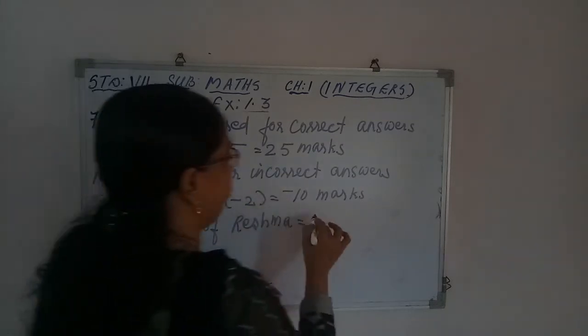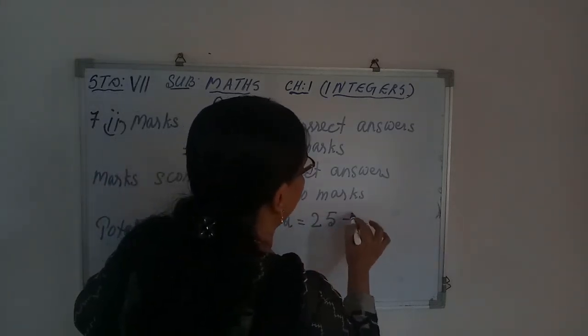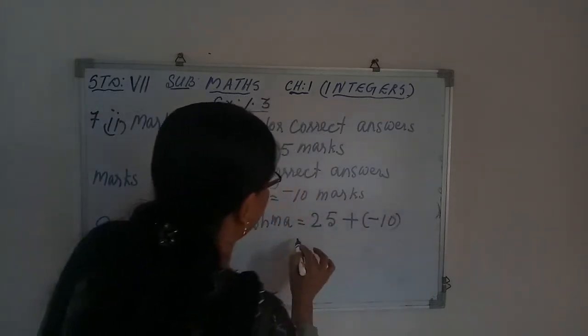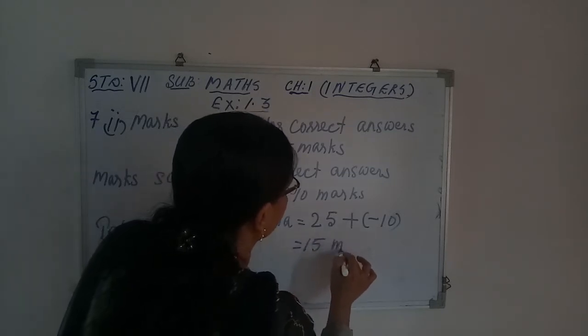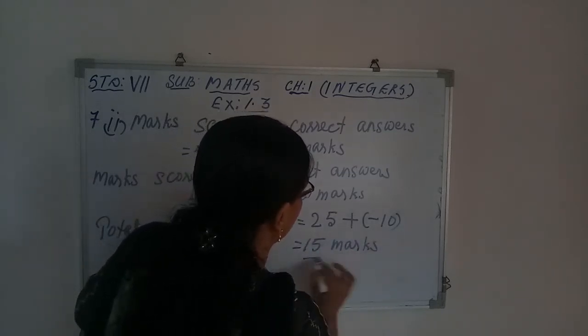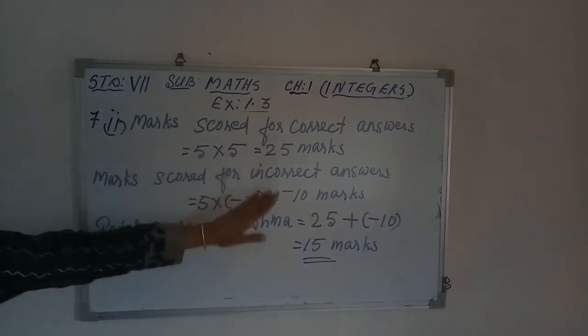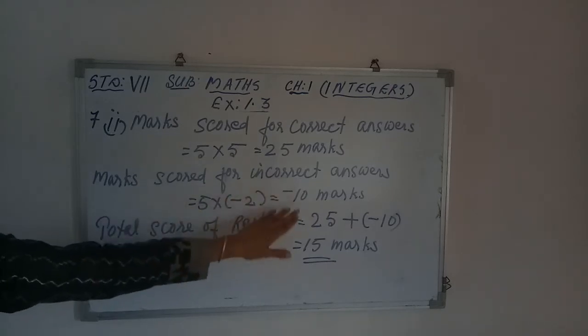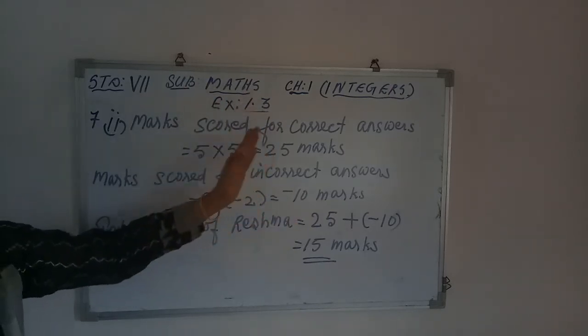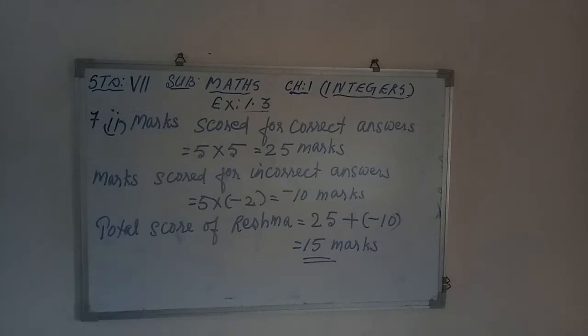How do you find out? Add it. 25 plus -10 will give you 15 marks. Read out. Out of 10, Reshma answered 5 correct and 5 incorrect. So for 5 correct answers, 5 into 5, 25 marks. 5 incorrect answers, 5 into -2, -10. So total score 25 plus -10, 15 marks.